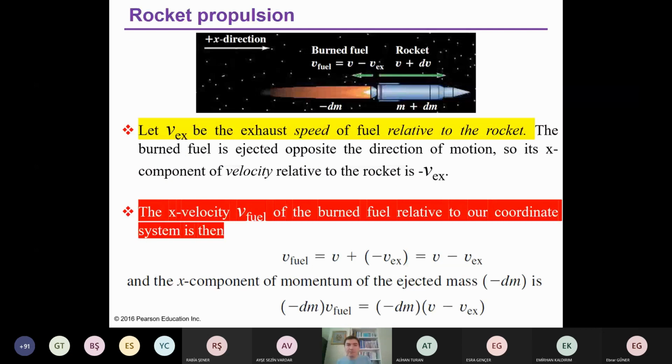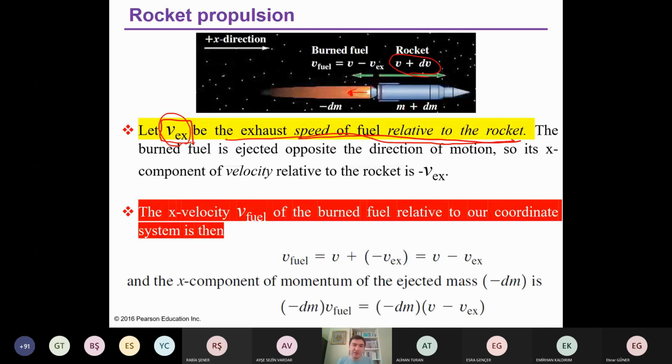Here we have a motor of the rocket, and fuel is exhausted from this motor with a certain velocity, called the exhaust speed of fuel relative to the rocket. This is the velocity of the rocket, and this is the exhaust speed of fuel relative to the rocket.